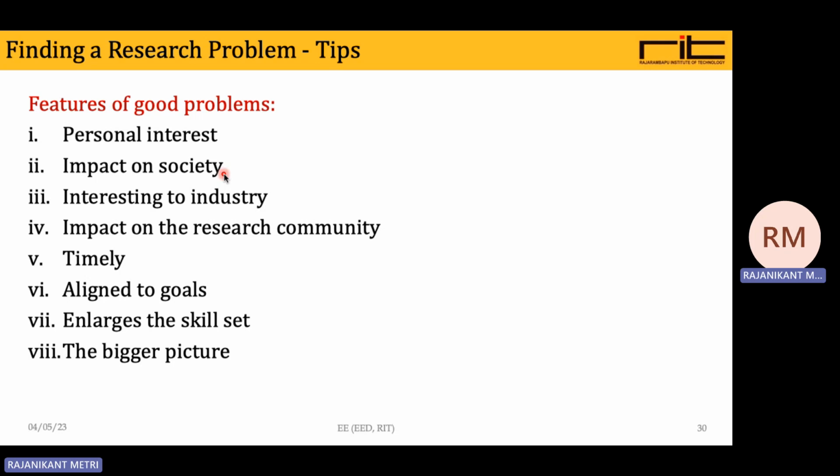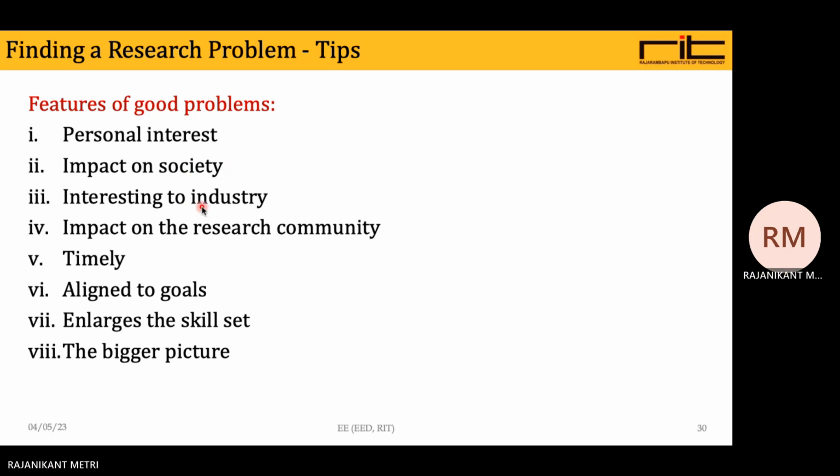Someone may take the problem of reducing pollution, or how one can reduce air pollution or water pollution. Another one can take the problem of how we can make more efficient solar generation. So these are impacting society directly.